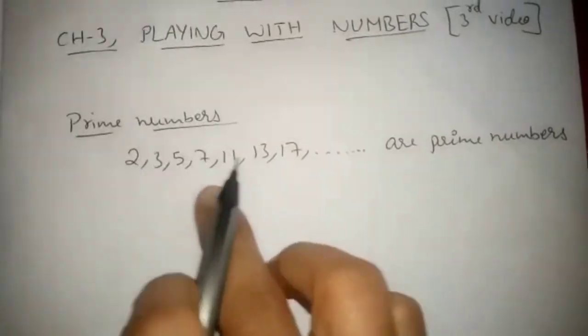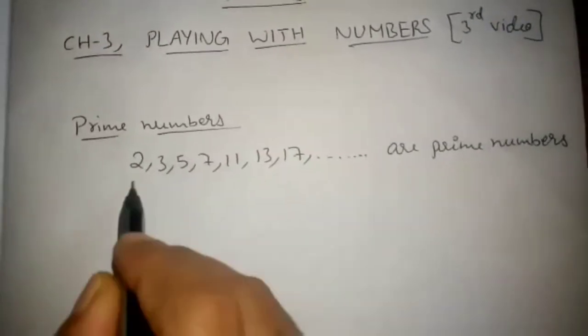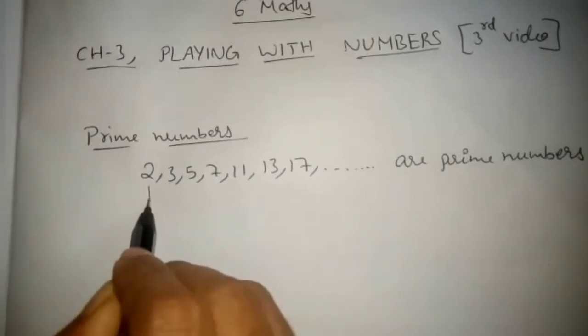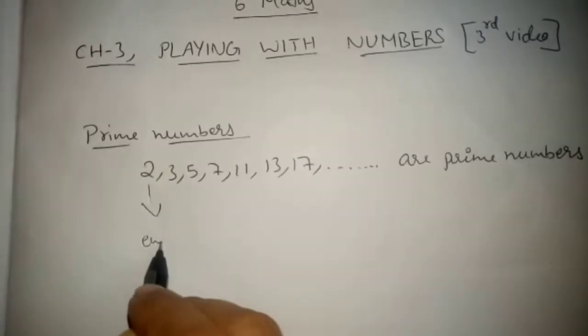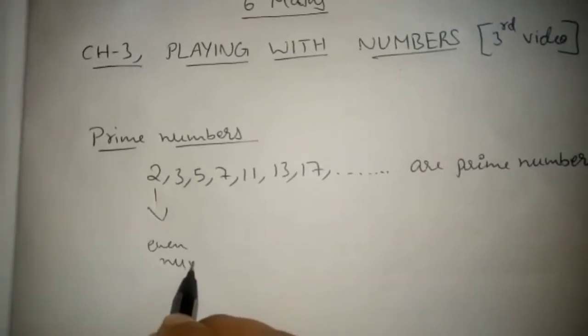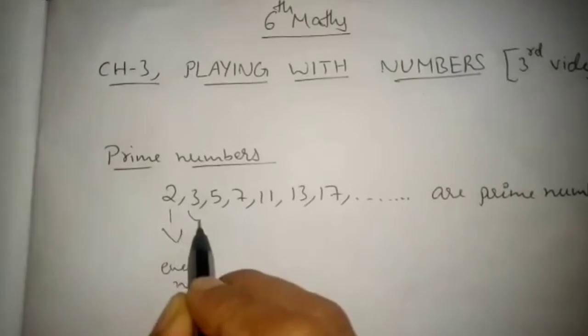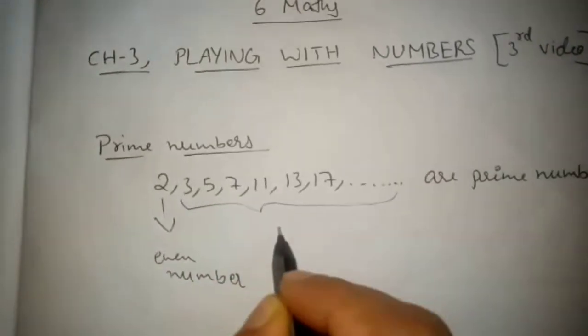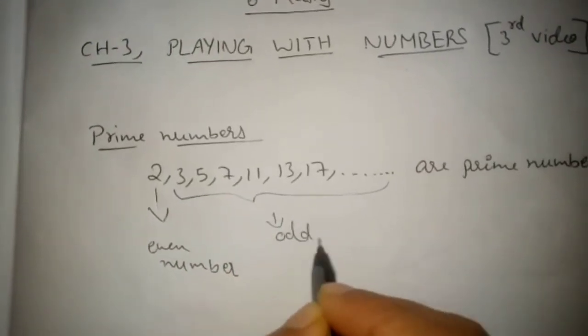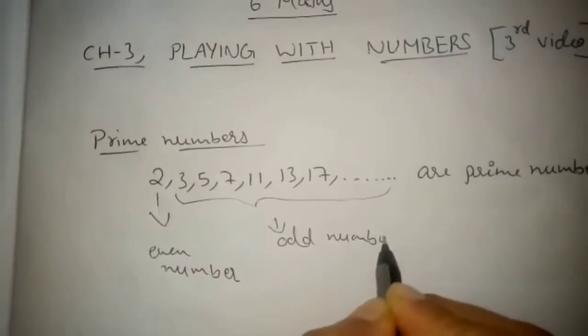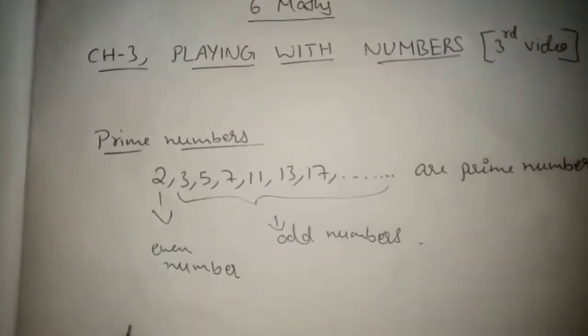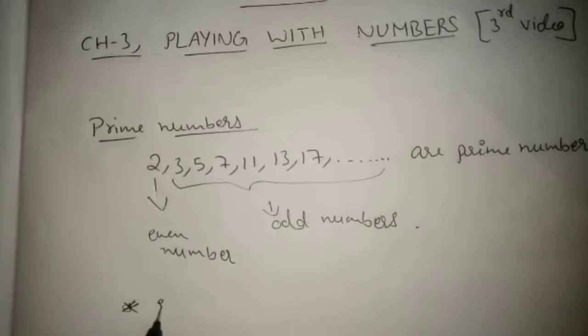Now observe these numbers. What can you see here? Only 2 is the even number, right? Then the rest are all odd numbers. So what can we say from this?